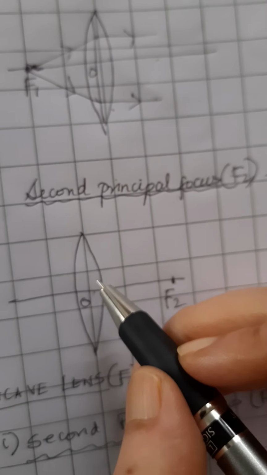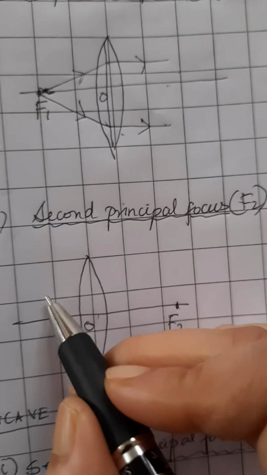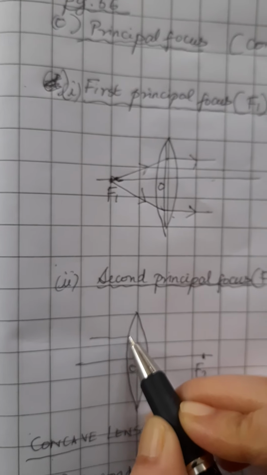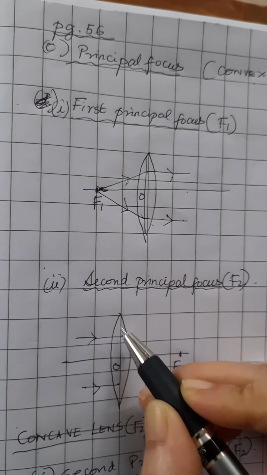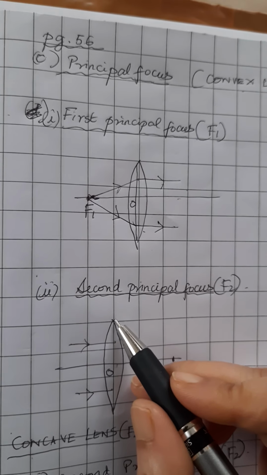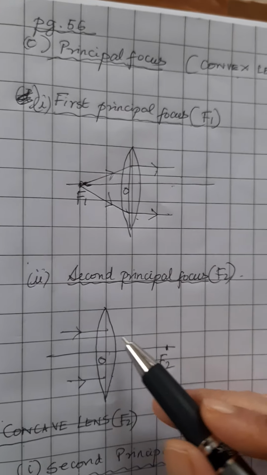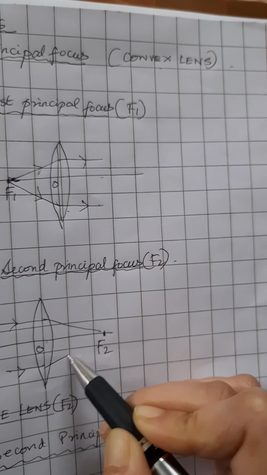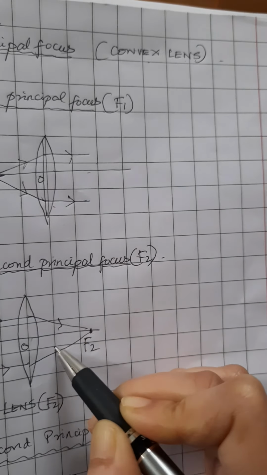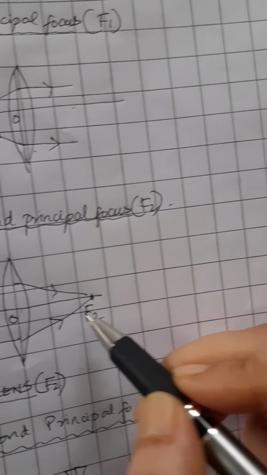The second principal focus is this: if the rays of light are coming parallel to the principal axis of this lens, after refraction they will converge. They are going to converge at the second principal focus.